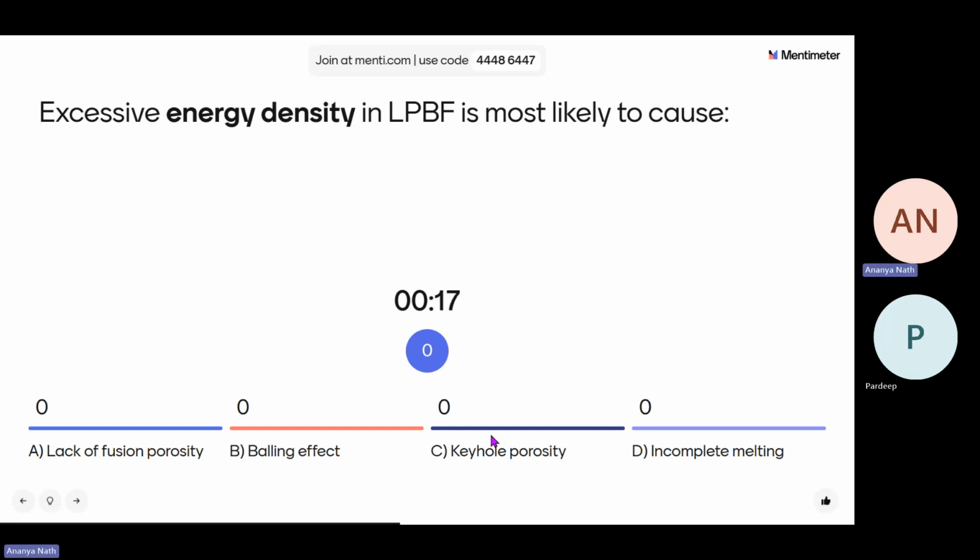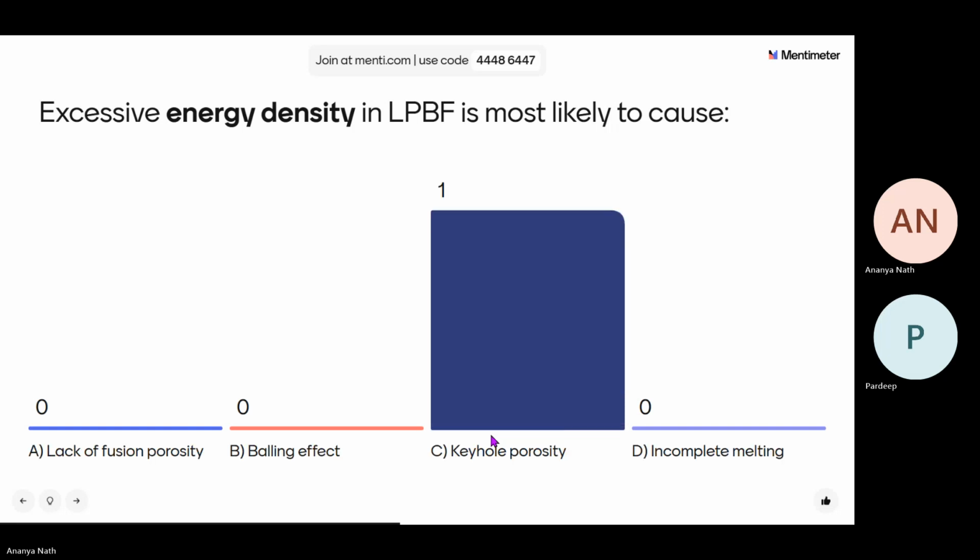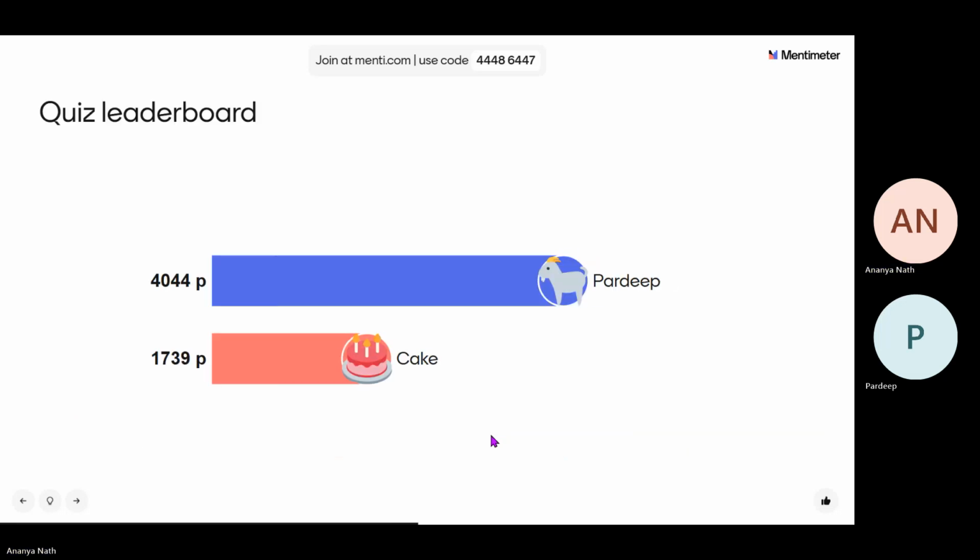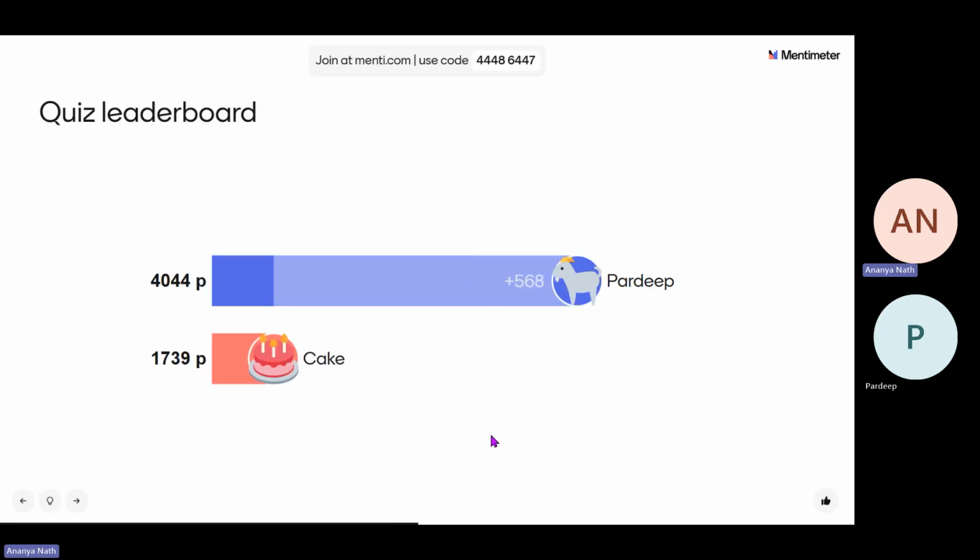Excessive energy density in LPBF is most likely to cause keyhole porosity. Good. See, you are answering correctly.